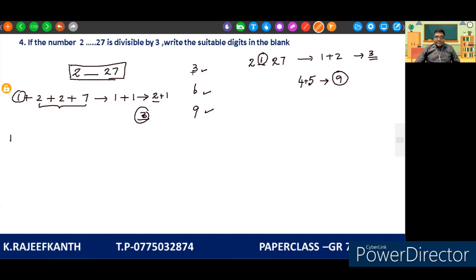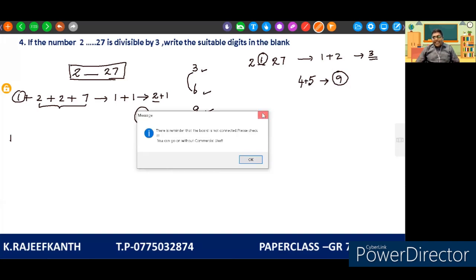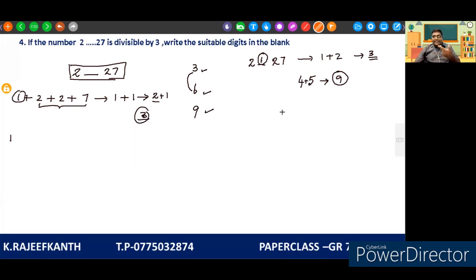Then the next digital root is 6. Here, if the digital root of this number is 3, then again we have to add 3, no? Because here the digital root is 3, if we add 3, then we can get 6. Already here we added 1. Now we are going to add 3. So we should add 4.